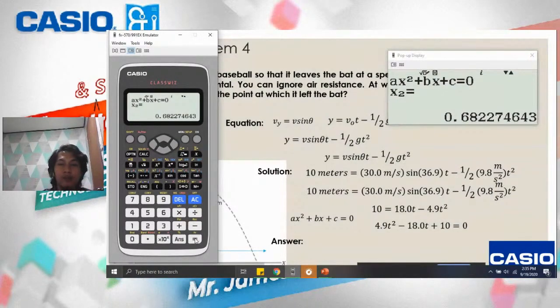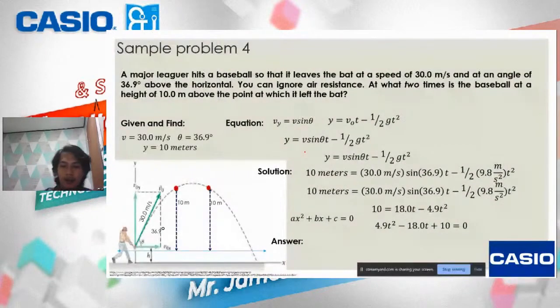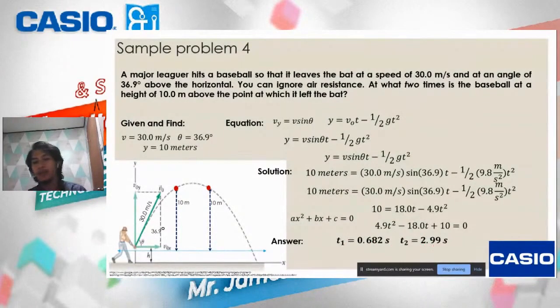So, 2.99 and 0.68. So, our answers are T1, 0.682, and T2, 2.99 seconds. Pinagpalit ko na lang sila kasi yung T1 natin talaga is itong point na to. Ang basa lang ng calculator, inuna niya lang yung isa, yung 2.99.